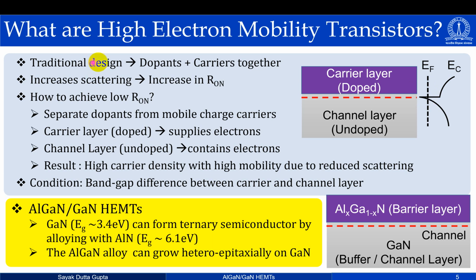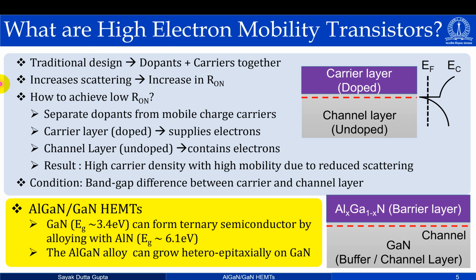Since in the traditional design we will have the dopants and the carriers together, that will increase the impurity scattering and degrade the mobility, and then in the transistors it will degrade the on resistance. But if we have to increase the mobility, we have to separate dopants from the mobile charge carriers.